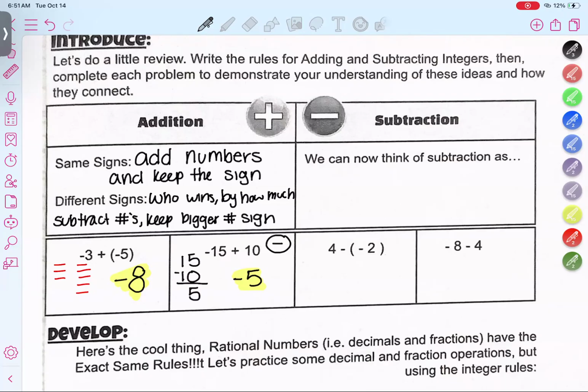So whichever one of those ways is easier for you, I want you to use that one. I don't care which one you use, but whichever one's easier for you, I want you to use that one. So now we go over to our subtraction side.